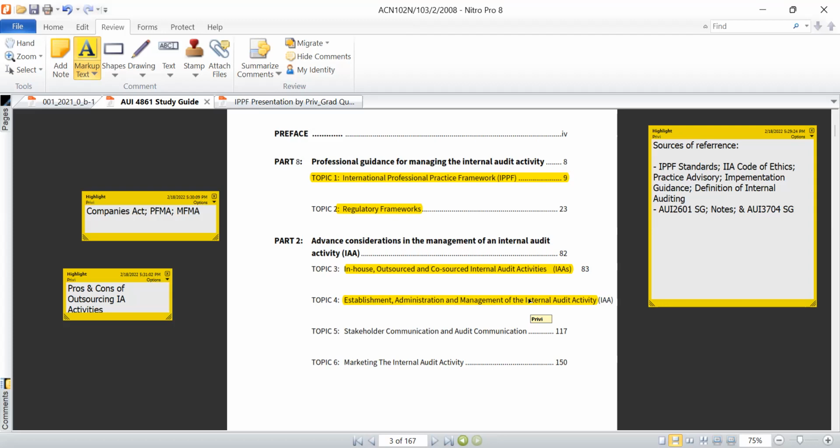What are the reports this individual is expected to generate, and to whom does this individual report? What type of line of reporting is in place? All those are key to help you understand the duties of the chief audit executive when it comes to managing the internal audit activities.